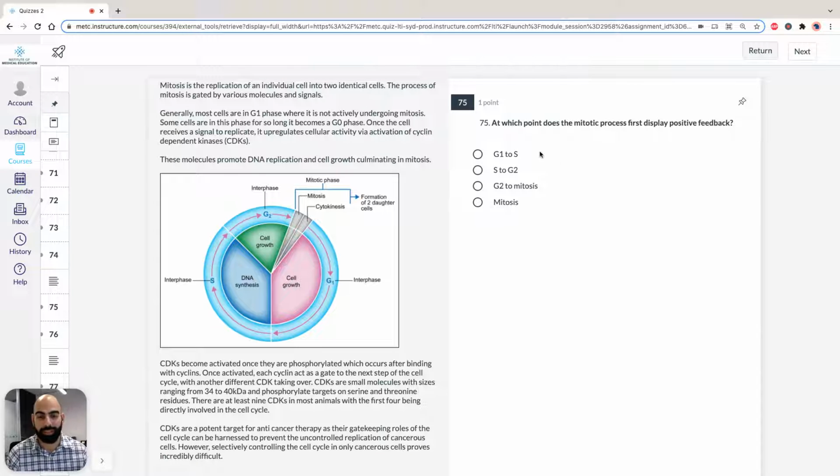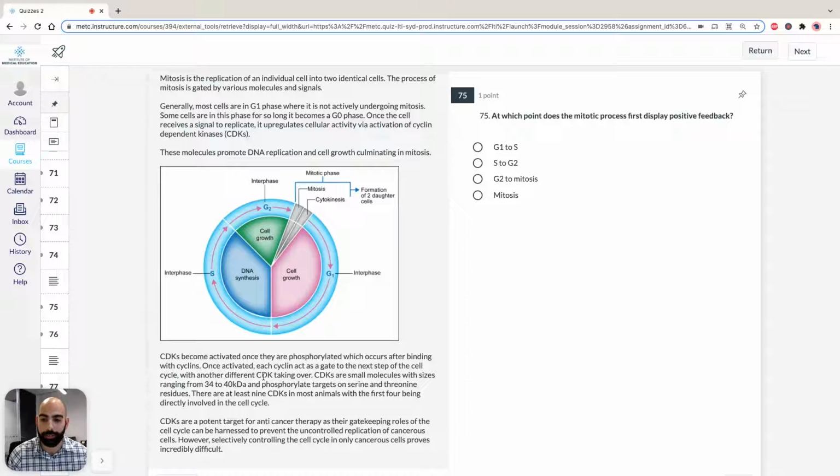Question 75 says, at which point does the mitotic process first display positive feedback? The stimulus tells us that once cyclin-dependent kinases become phosphorylated and activated, there's a cyclin-dependent kinase at each stage of interphase which can move the cell along the cell cycle. And there will be cyclin-dependent kinases for the mitosis phase as well.